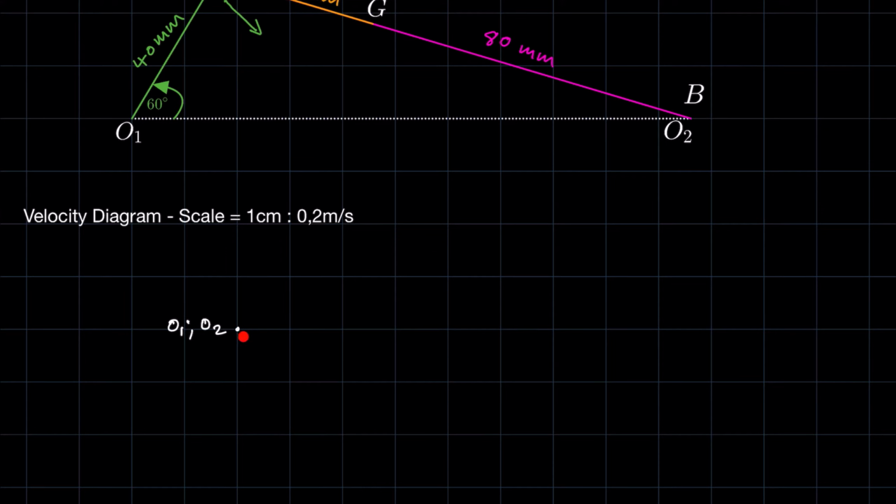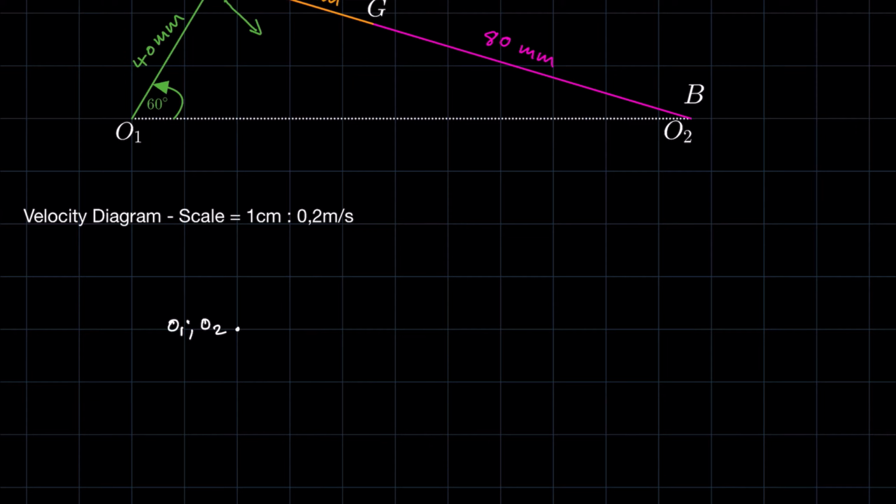And since we've also established the direction of the vector itself, we won't have to draw a line going upward as well as downward. We'll just draw a line going in that direction, since we've already established the direction of the tangential velocity of crank OA.